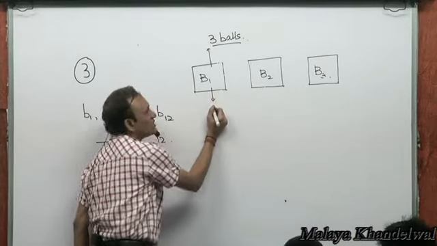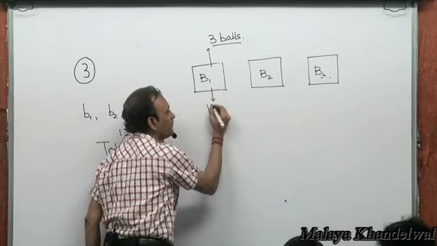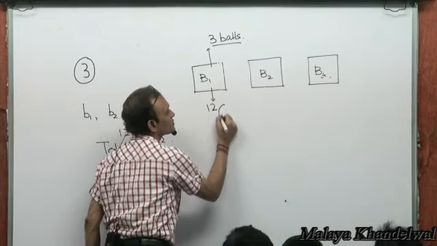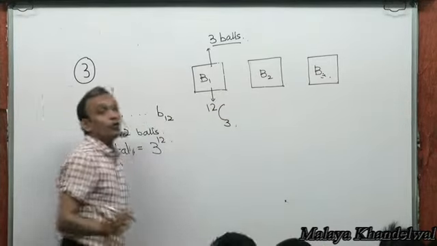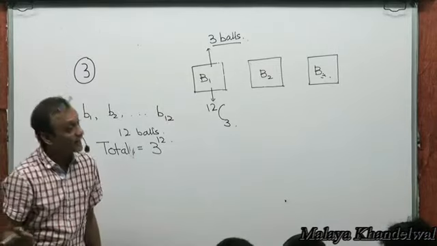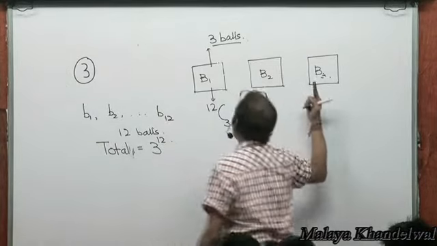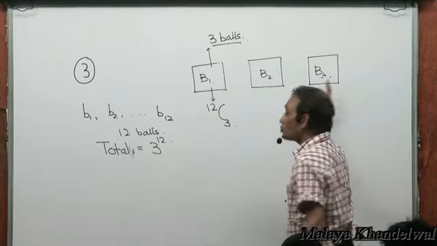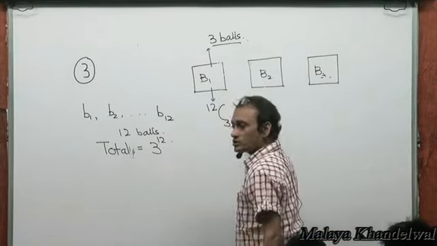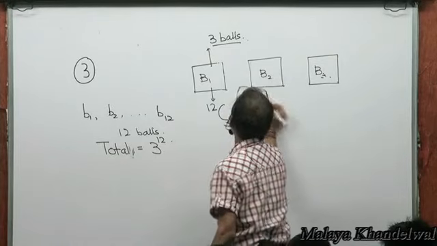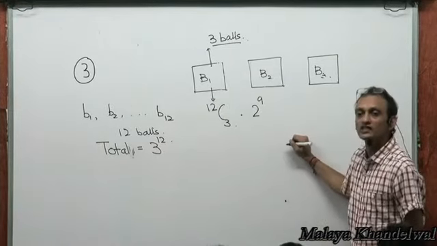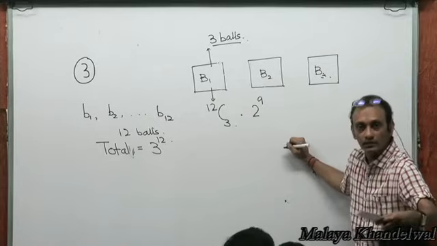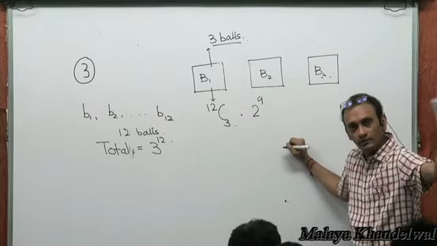So 3 balls given to B1 could be done in how many ways? 12C3 ways. Now, how many balls remain? 9 balls remain. Each of the remaining 9 balls could go in any one of the 2 boxes. So the remaining 9 balls could be given in 2 to the power 9 ways to B2 and B3. Clear?